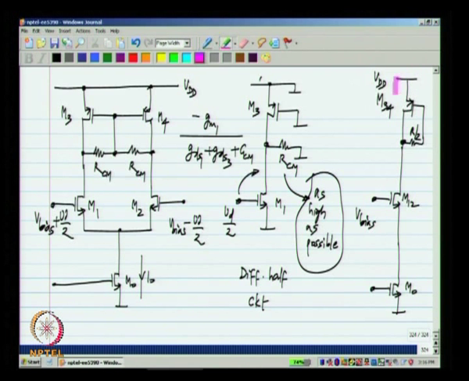Now, just for completeness, let us also look at the common mode half circuit shown on the right side. Now, you see that this M34 is diode connected with a resistance R by 2 in the feedback loop. Now, because the gates do not carry any DC, it makes no difference at all to the DC picture. So, this makes the connection of this type of common mode feedback circuitry to diode connection very explicit.